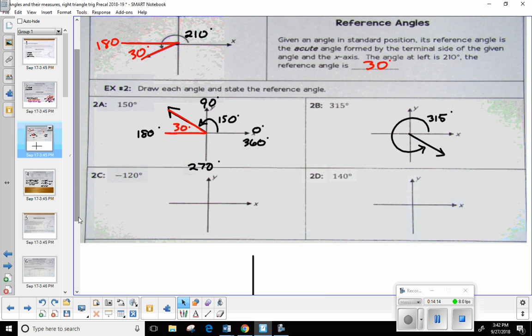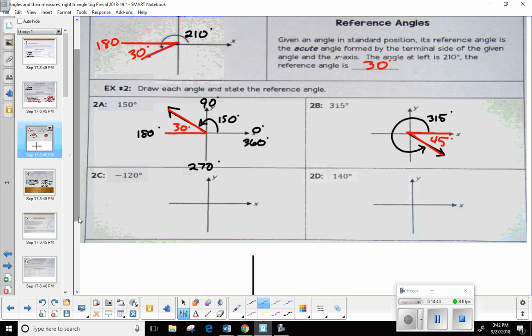So this is the first example where the reference angle is going to be created using the positive x-axis. We always use the terminal side and the closest x-axis. So Stone, what do you think? 45, yeah, 360 minus 315, that would be 45 degrees. Is anybody having trouble with the reference angle?